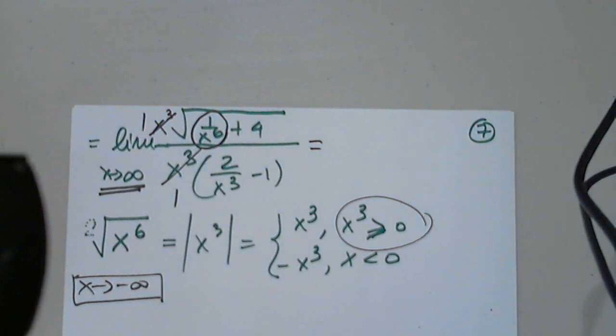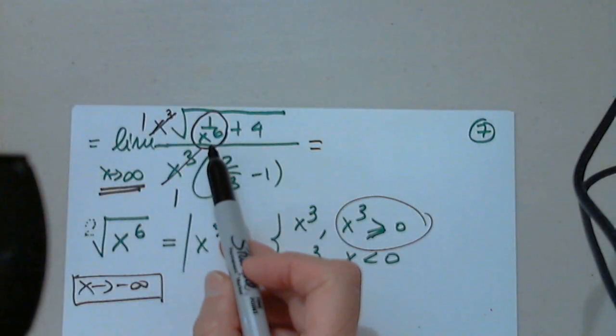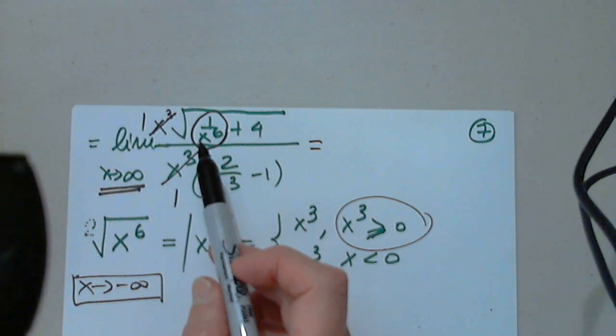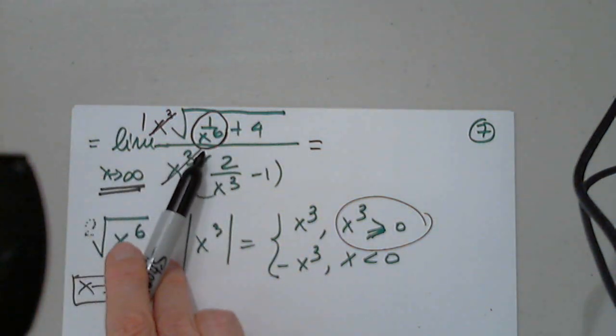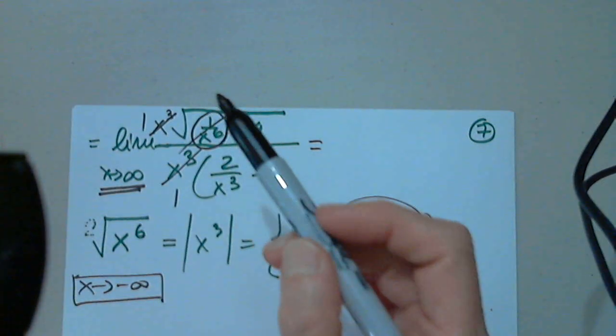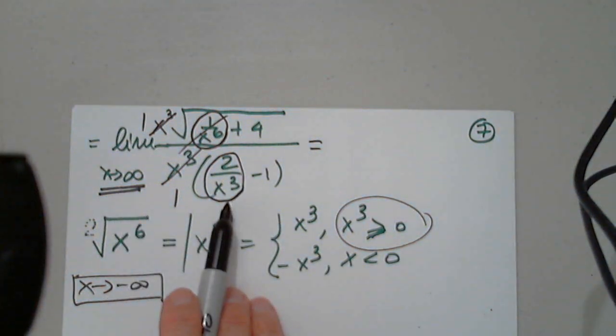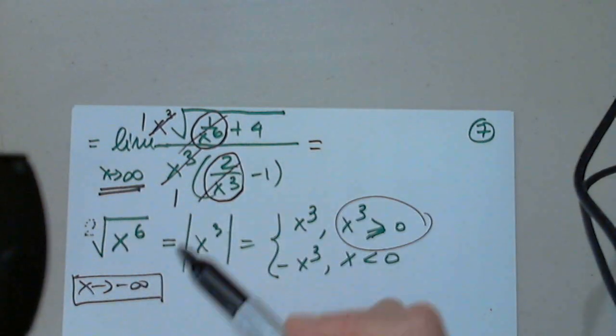And now, can anyone tell us where this is going when x approaches infinity? Anyone? We had this situation like 4 times before. Zero. Good.